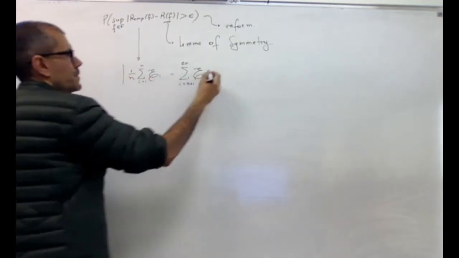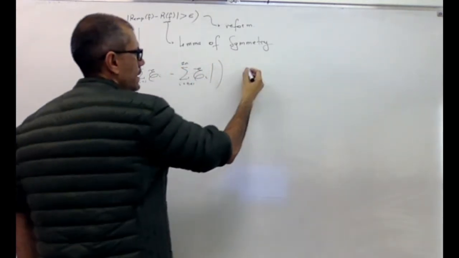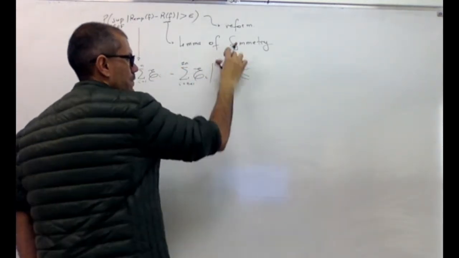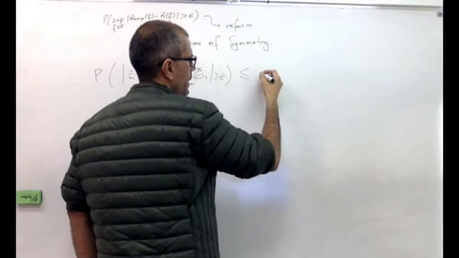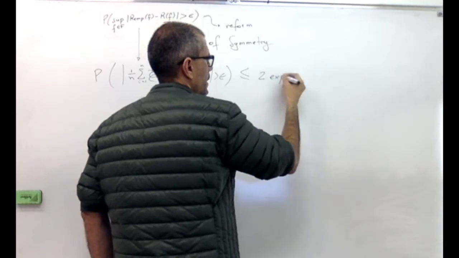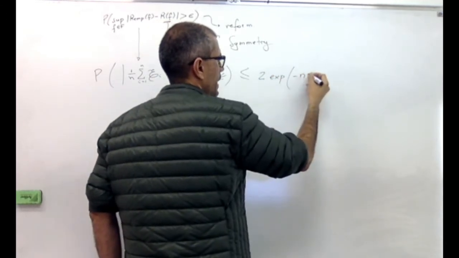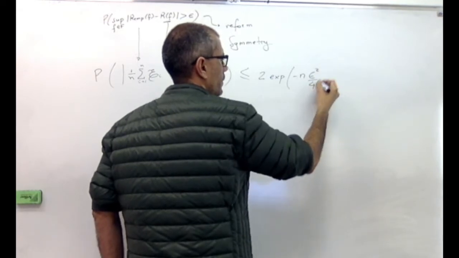And that difference being greater than some epsilon has probability smaller than 2 times the exponential of minus n epsilon squared over 4.